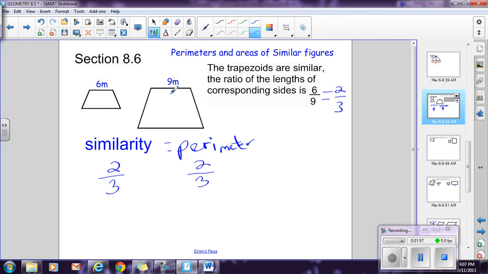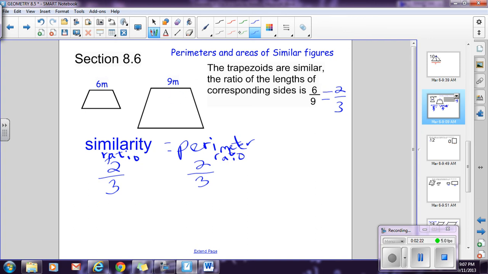All the corresponding sides are 2 to 3. So if I were to add up all the sides, even if I reduce it, I should still get a similarity ratio of 2 over 3. Now let me write that word ratio. These are all ratios.